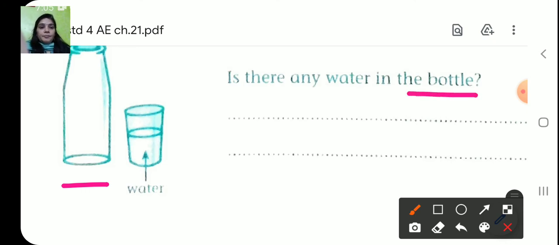Remember this, if it is is, your answer will be isn't. So there isn't any water in the bottle, but there is some water in the glass.